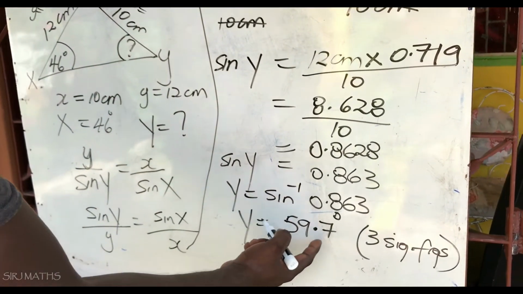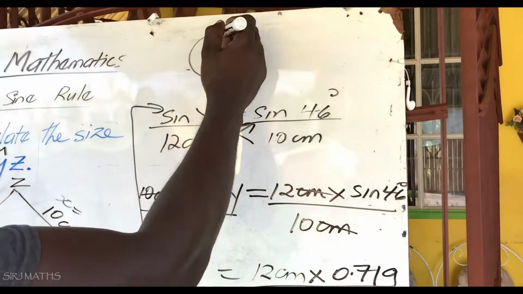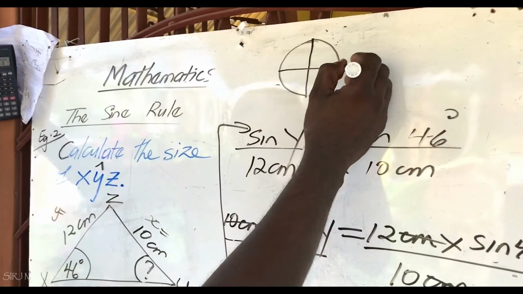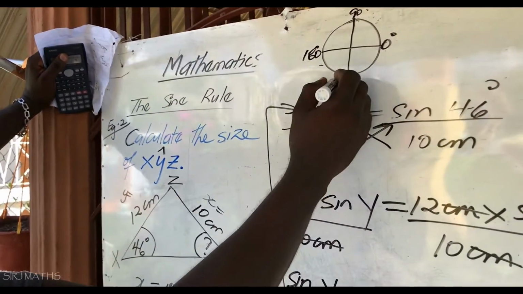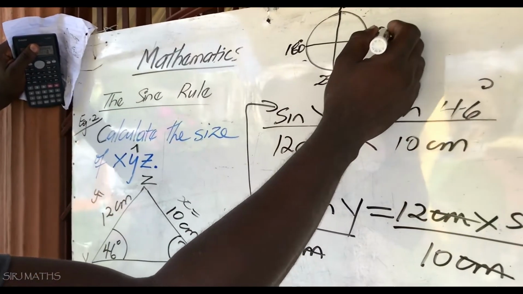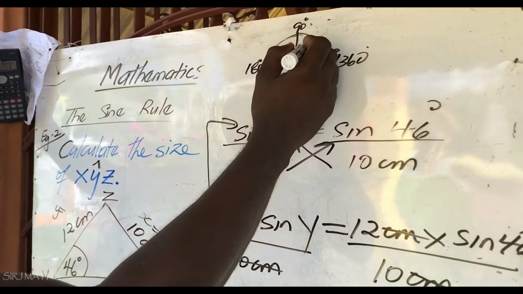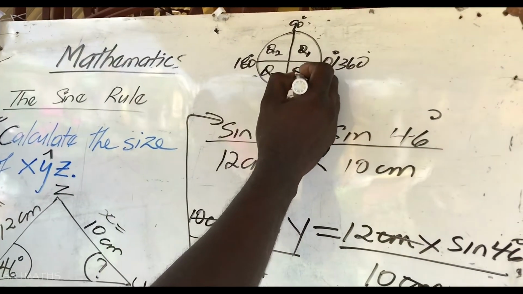Now 59.7 degrees is actually in the first quadrant. So let us go back to our unit circle. 0 degrees, 90 degrees, 180 degrees, 270 degrees, and if you come right back here, it's 360 degrees. So this is quadrant 1, quadrant 2, quadrant 3, quadrant 4.